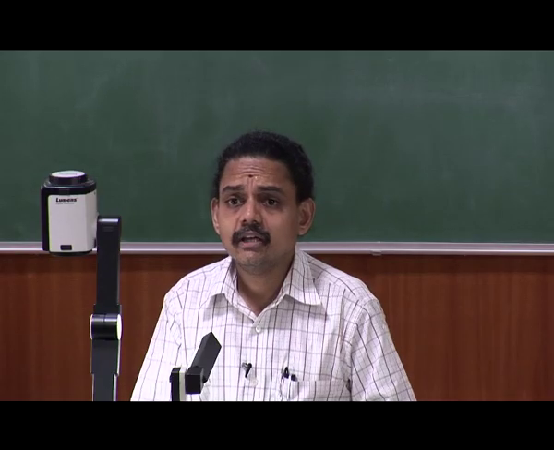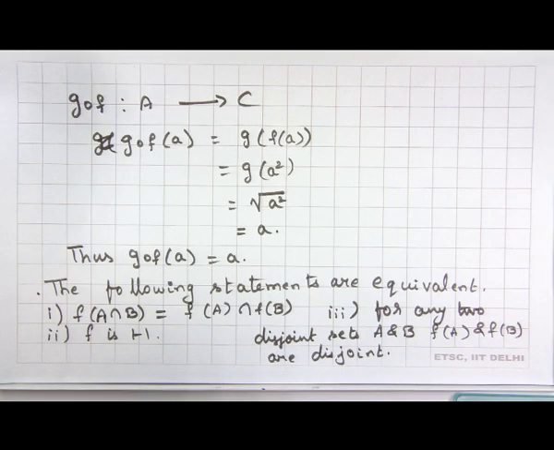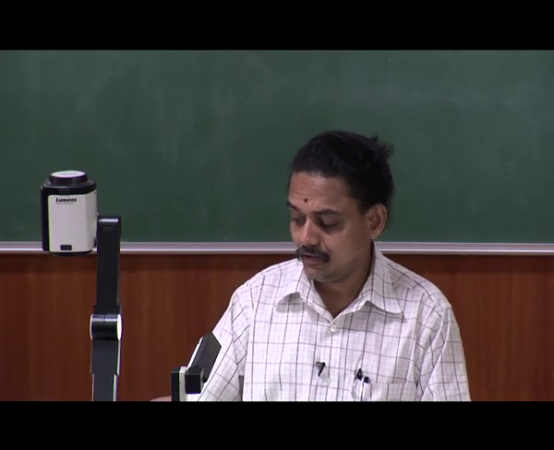The first one is f of A intersection B is equal to f of A intersection with f of B. Second one is f is 1 1. Third one, for any two disjoint sets A and B, f of A and f of B are disjoint. Fine. Now, let us try to prove this statement.